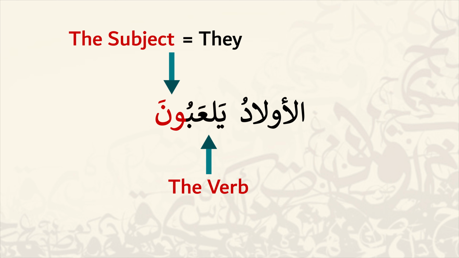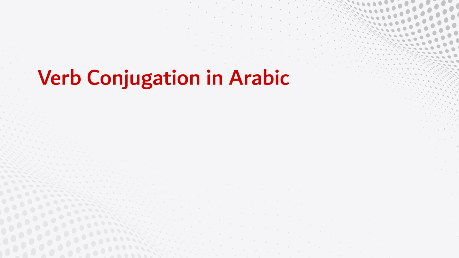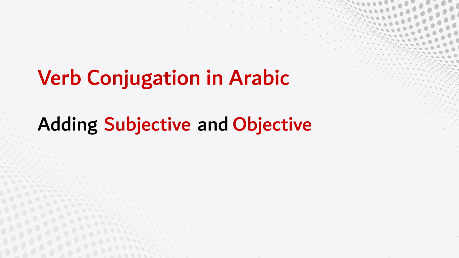We conjugated the verb with the subject, that is plural, and also we added the subject as a connected pronoun to the verb. In one word only, we have all necessary parts of a verbal sentence. So, verb conjugation in Arabic is nothing but adding subjective and objective pronouns to the verb itself. And we will cover this topic soon in this level.